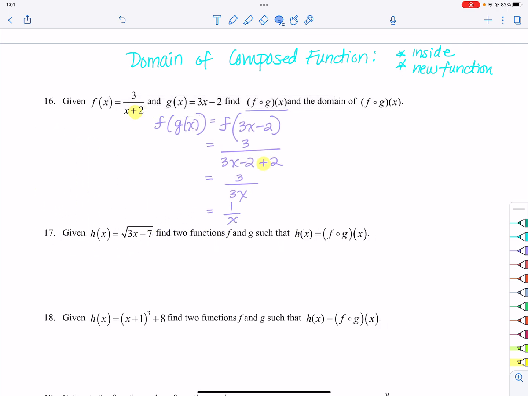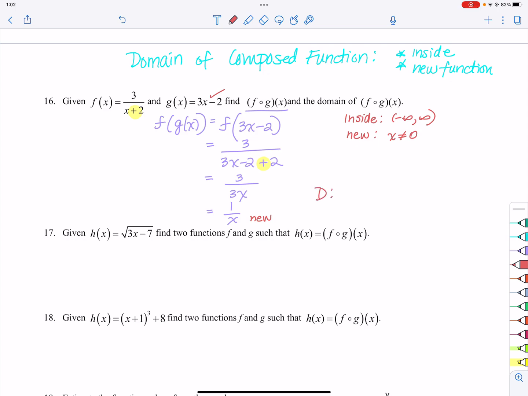But now let's talk about the domain of the inside function. Our inside function is g of x. That is a linear function, polynomial. That domain is all reals. And our new function is 1 over x. This is our new function, and x cannot be equal to 0.